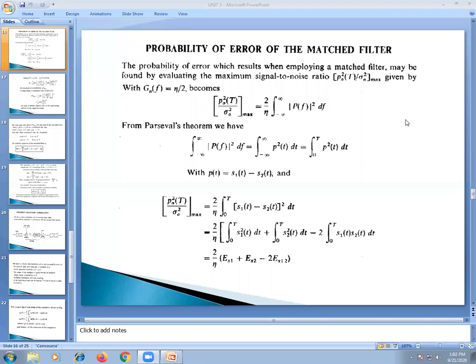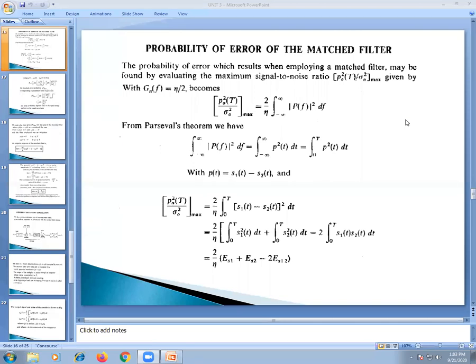Sigma naught square is the noise variance. That ratio being maximum is nothing but the matched filter.